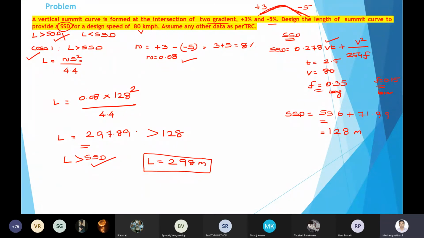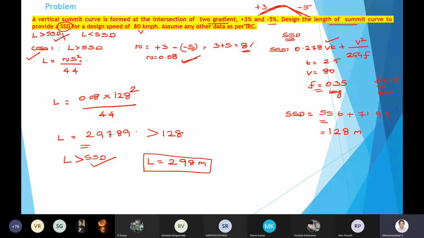The problem asks us to estimate the length of the summit curve by considering the stopping sight distance. N is the algebraic deviation between the two gradients, 8 percent. For estimation, we take it as 0.08, not as a percentage value.